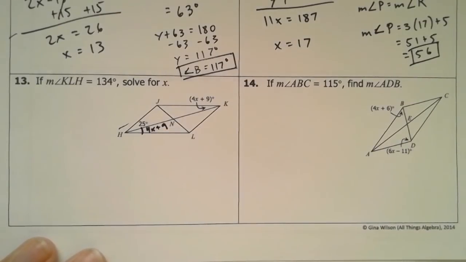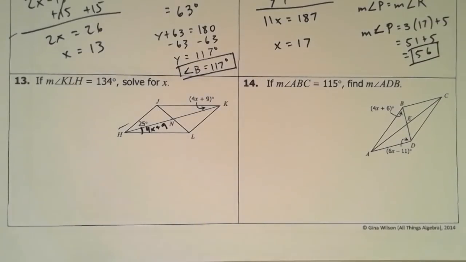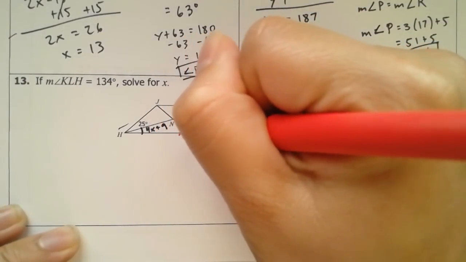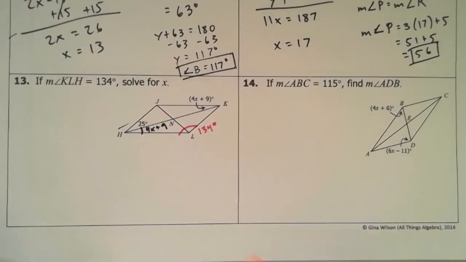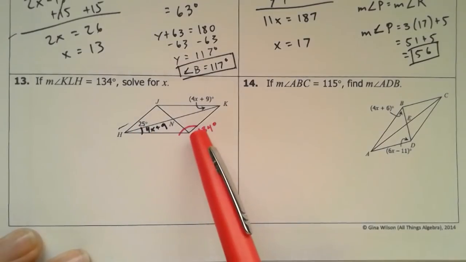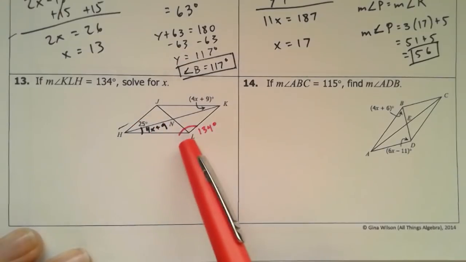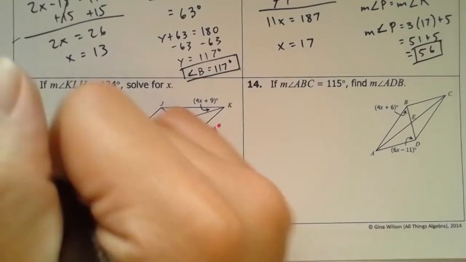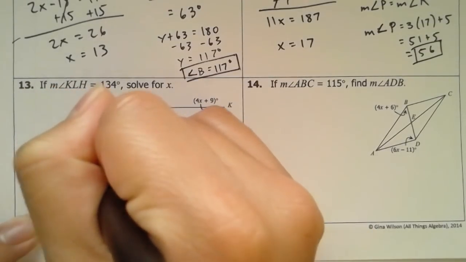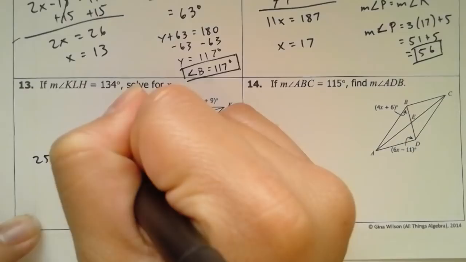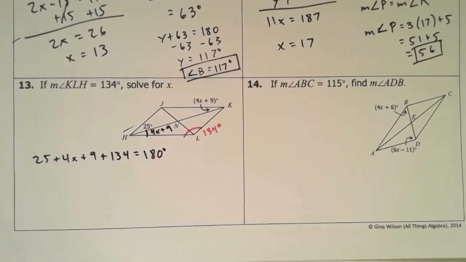And I know that this entire thing here, let me use red, is 134 degrees. This and this are supplementary. This entire thing with 134 degrees are supplementary. So I can use that expression to solve for x. So 25 plus 4x plus 9 plus 134 is equal to 180 degrees.